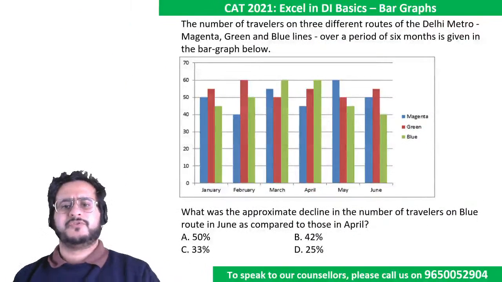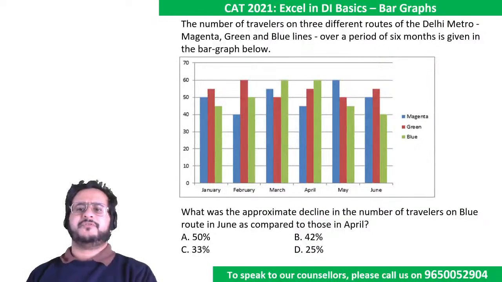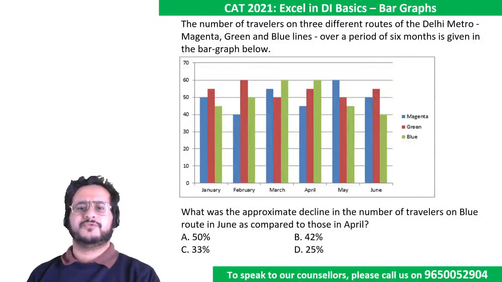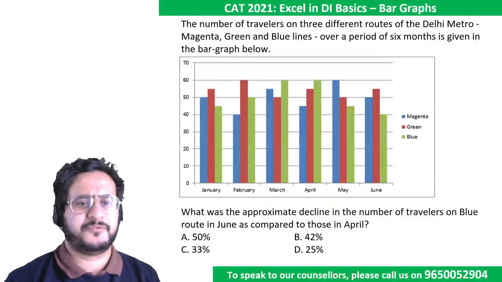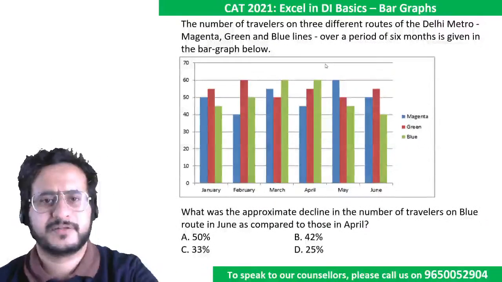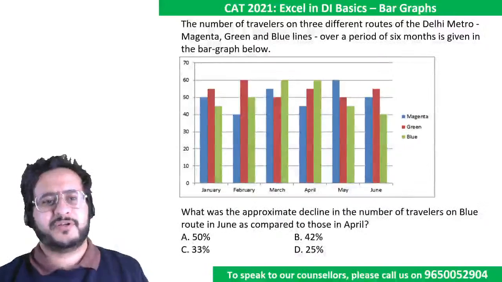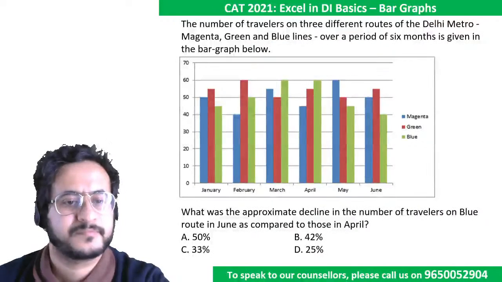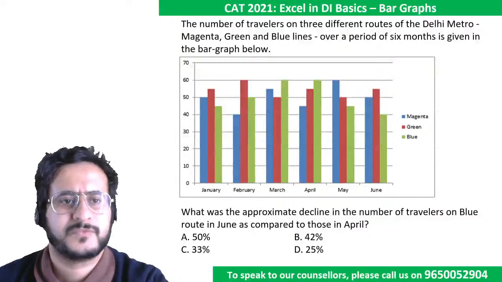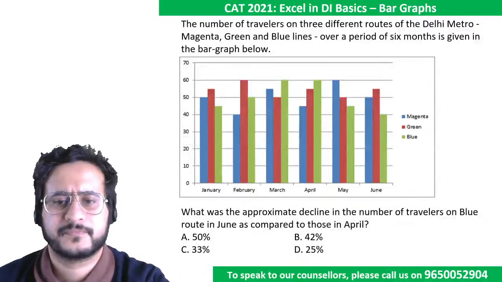Okay. What was the approximate decline in the number of travelers on Blue route in June as compared to those in April? So that's a straightforward question. I mean, that does not require much time. You have to tell the decline in the number of travelers on Blue route in June as compared to those in April.